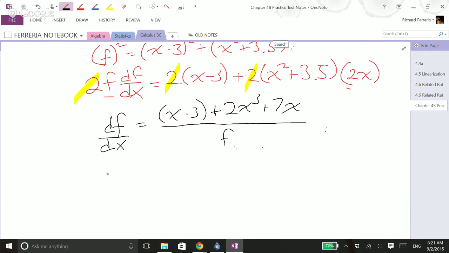Last step here, of course. We had an equation for f.